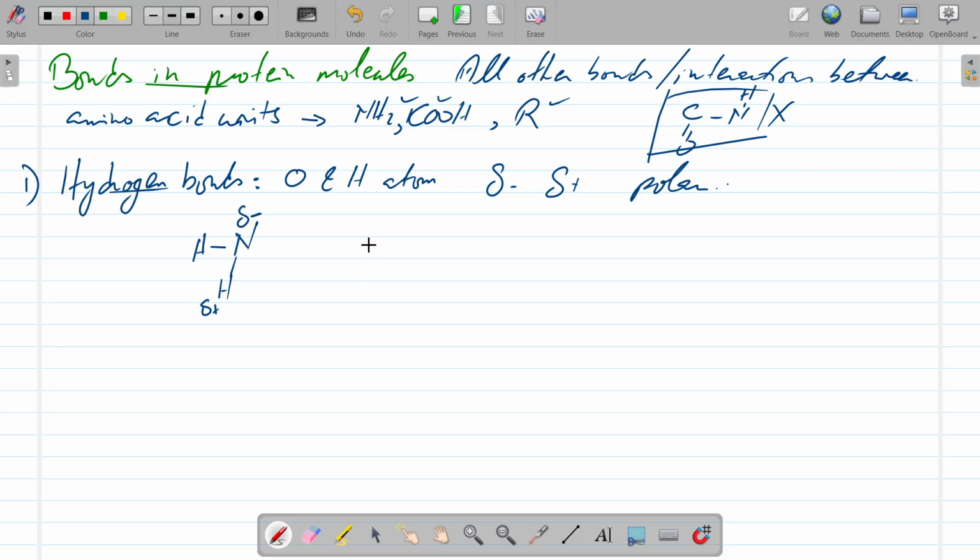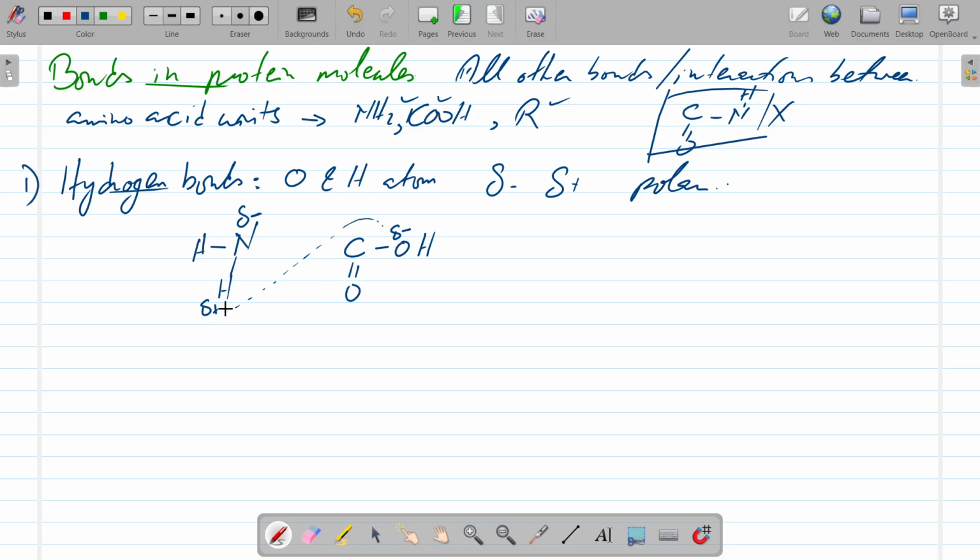Similarly, the carboxyl end: if you have a free carboxyl end, you have a slight negative charge over here, and so the positive and the negative attract each other with hydrogen bond.